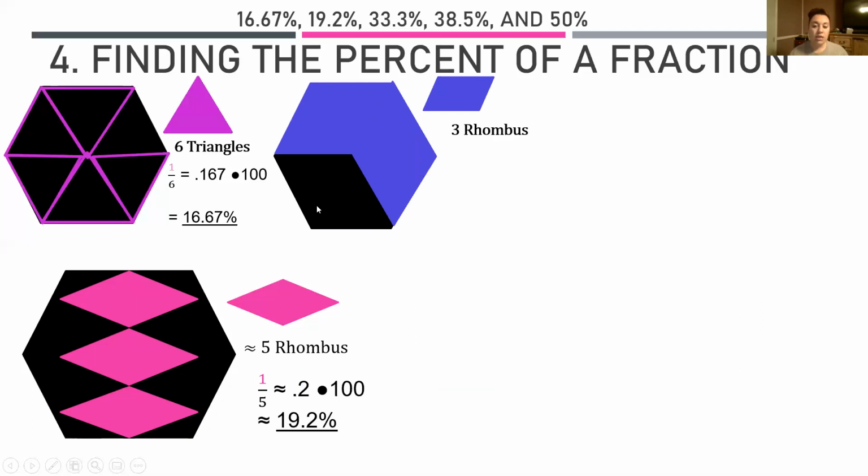So 3 rhombuses, well, parallelograms, make up the hexagon. One of these makes up 1/3 of our hexagon. So when you divide, 1 divided by 3 is 0.333. So when you multiply that by 100, you get 33.3%.